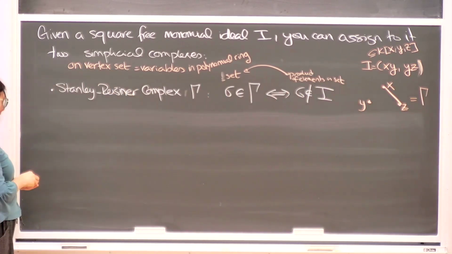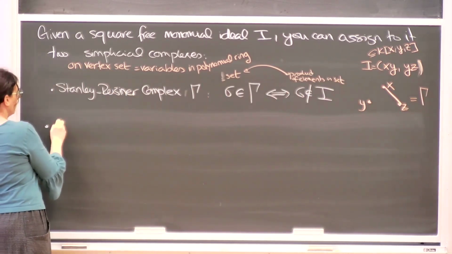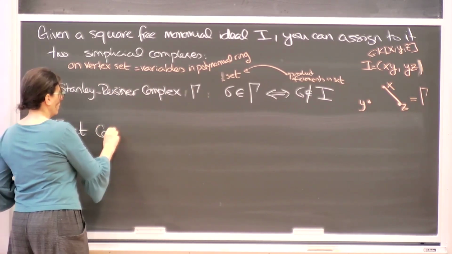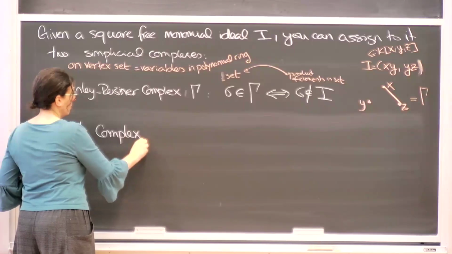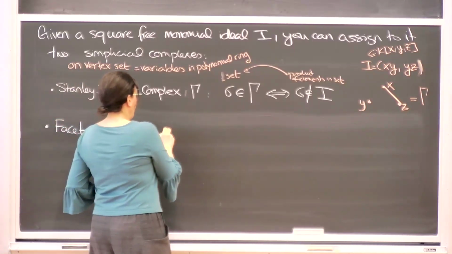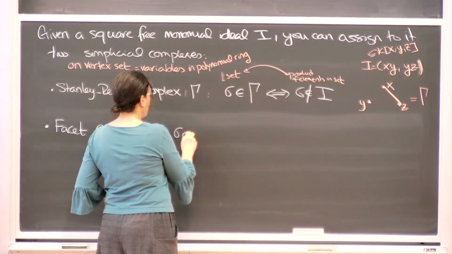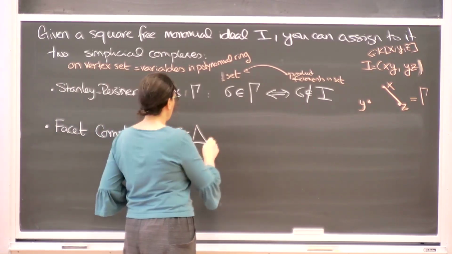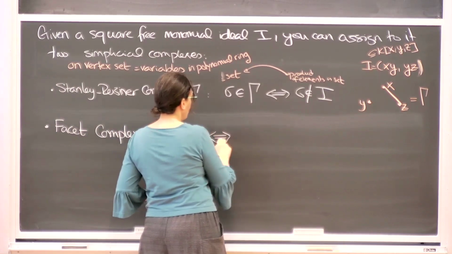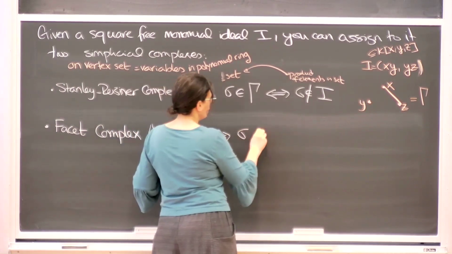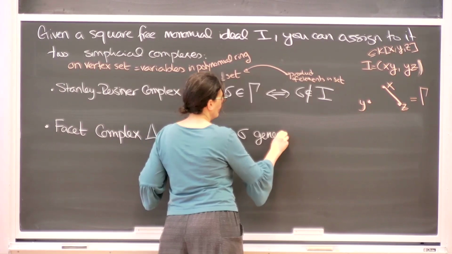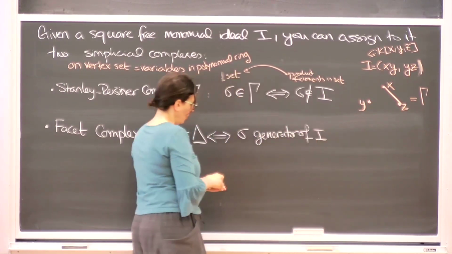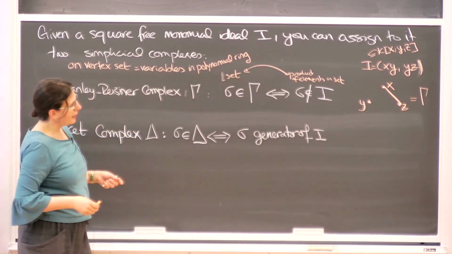Okay, and the facet ideal or facet complex: sigma is in delta if and only if sigma is a generator of I. So in this case, we're going to get a graph.